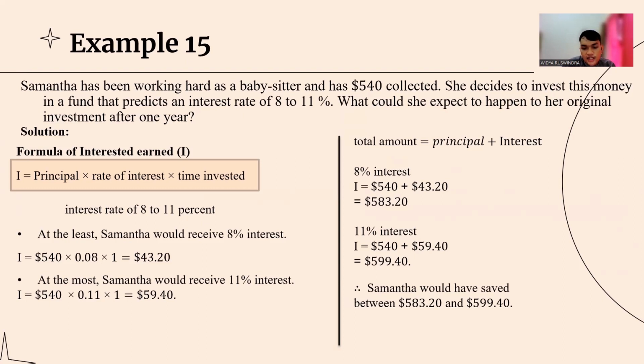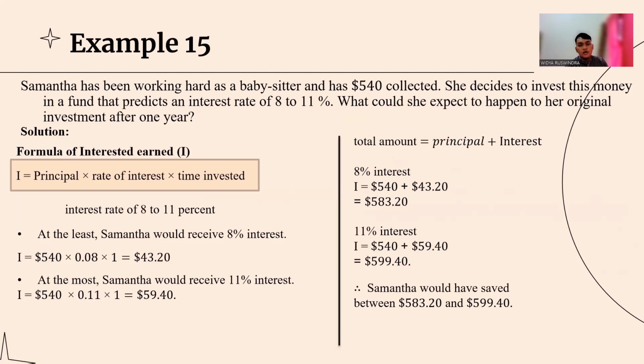With 11% interest, the total equals $540 plus $59.40 equals $599.40.